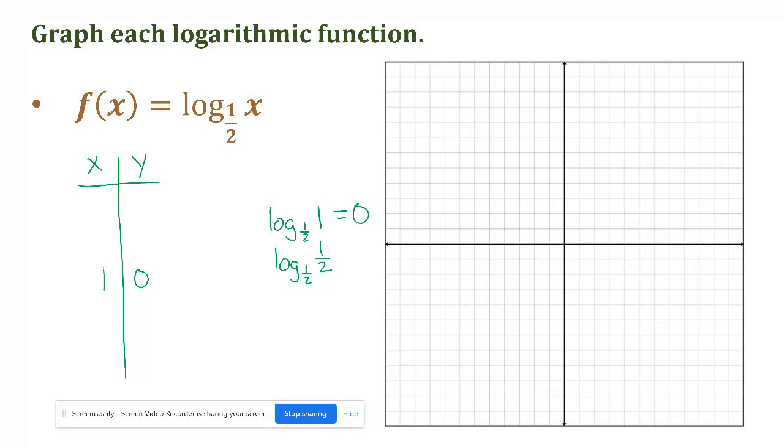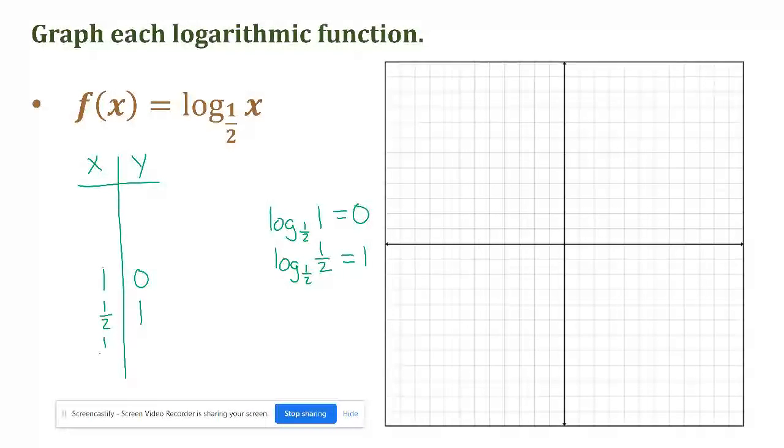So log base 1/2 of 1/2. Well, 1/2 to the first power gets us 1/2. So if we plug in 1/2, well, this is going to look funny. The numbers are going to kind of end up being backwards, but it's okay. So when we plug in 1/2, we get a 1, because 1/2 to the 1 power is 1/2.